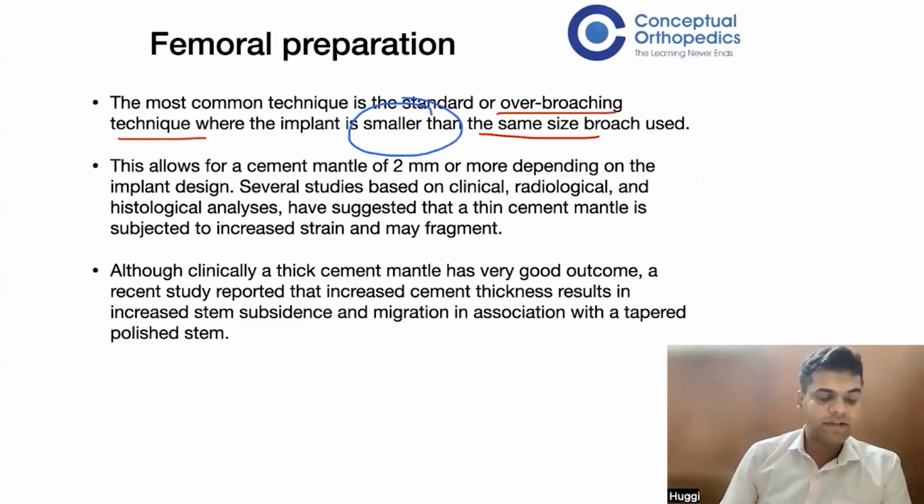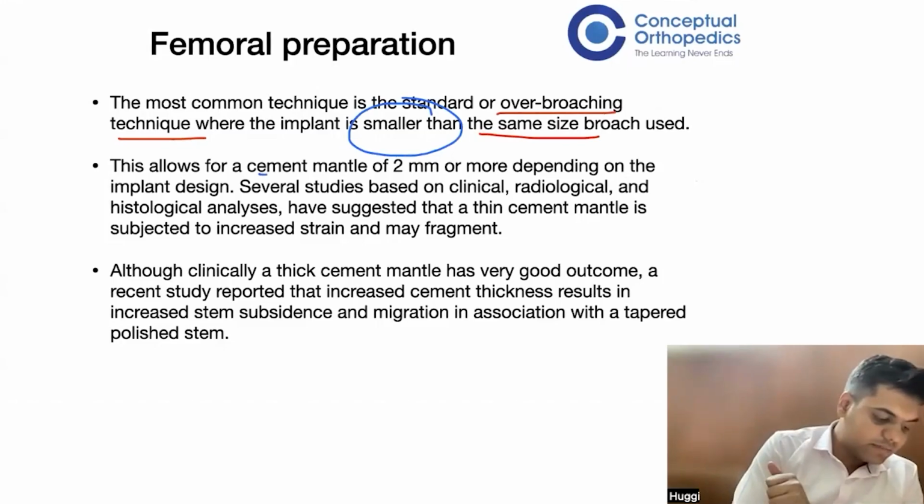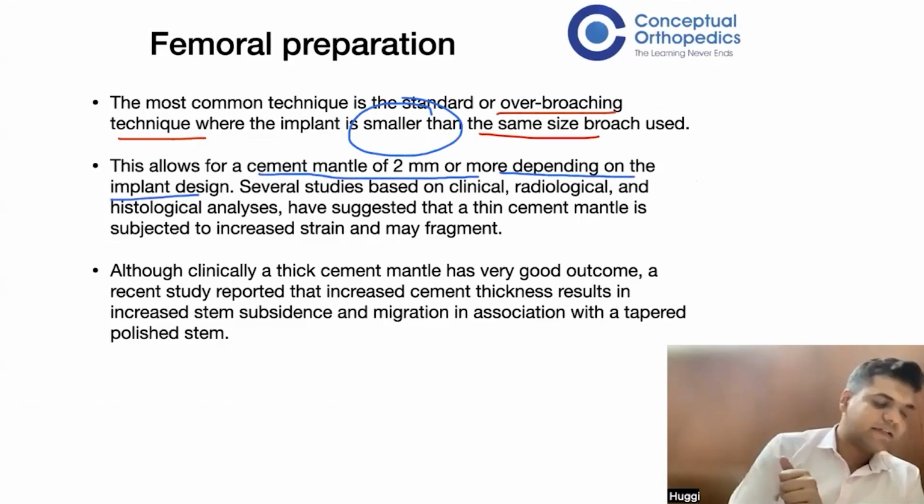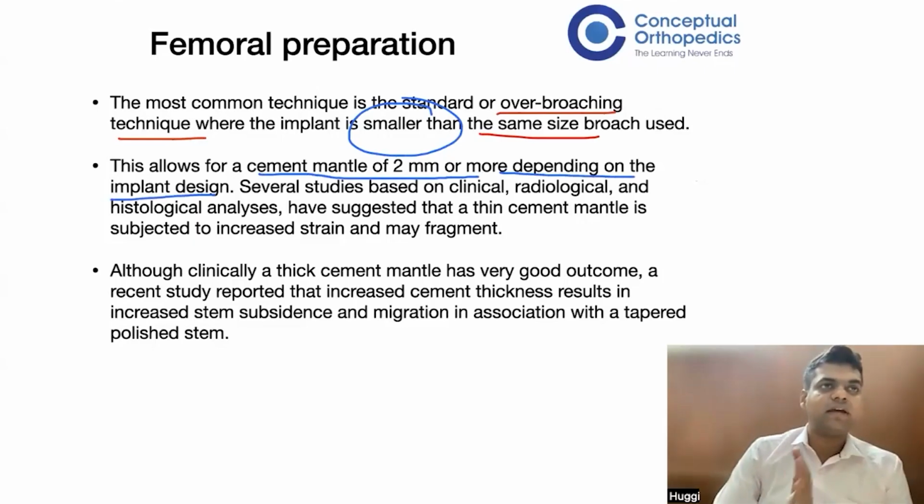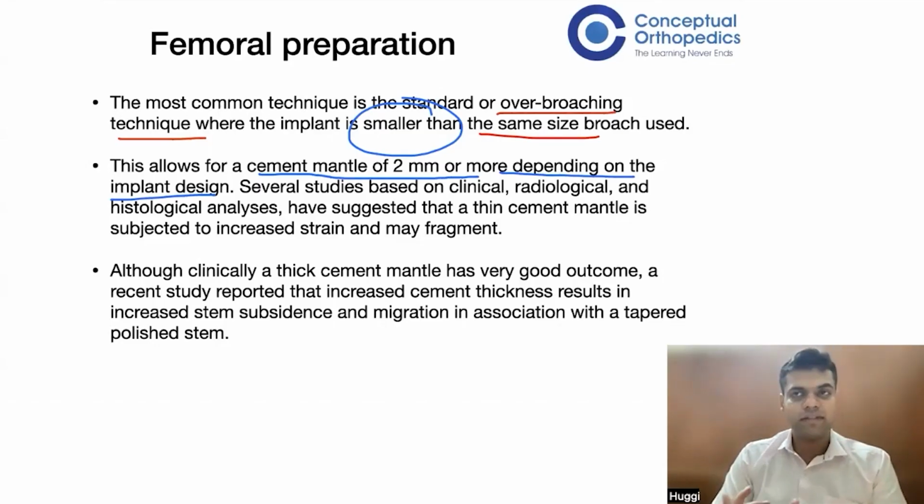Why do we do it? We need a cement mantle of 2 mm or more, depending on the implant design, as the desired outcome. So that is the reason we overbroach, or we call it standard broaching. Theoretically speaking, the thicker the cement mantle, the more stability of the stem.